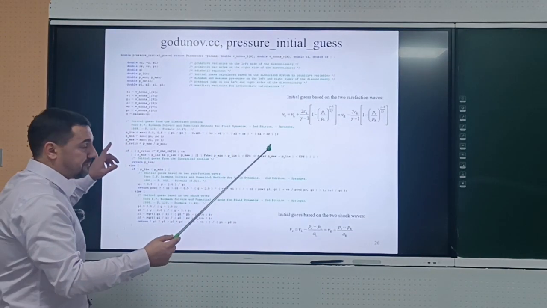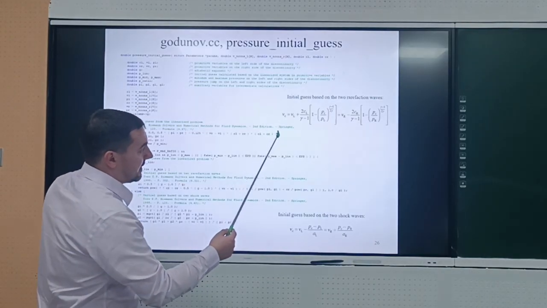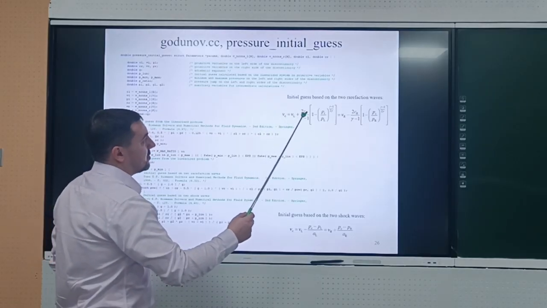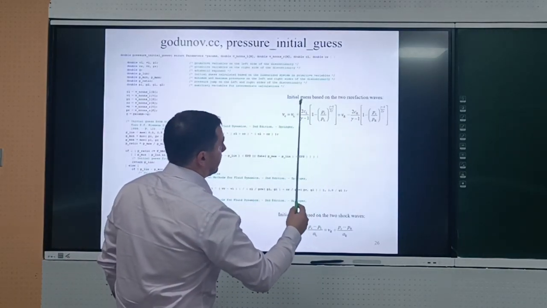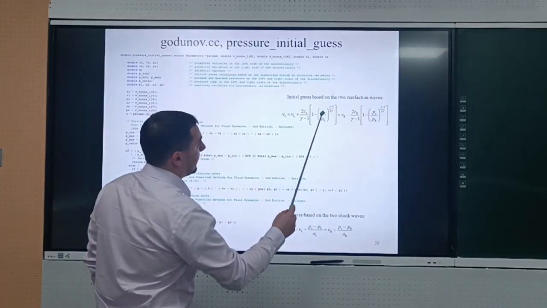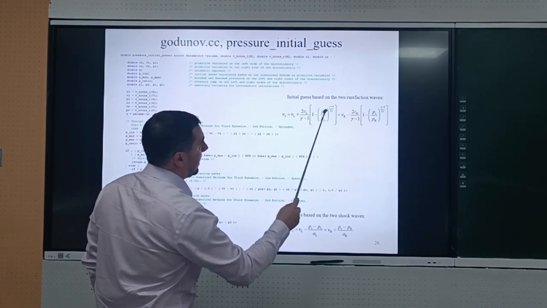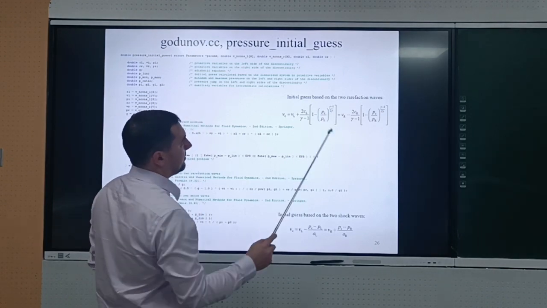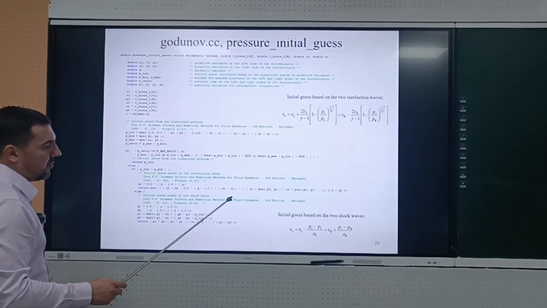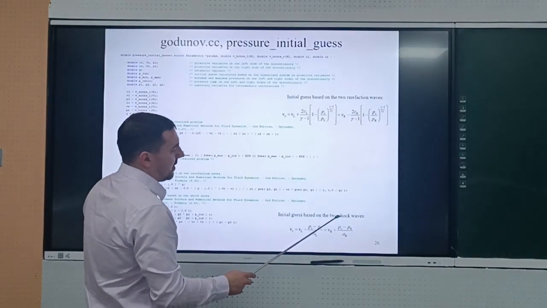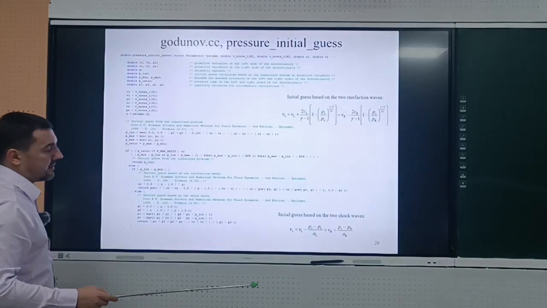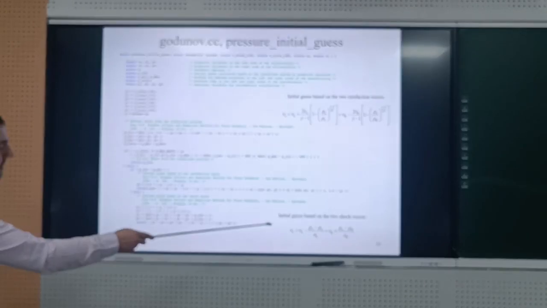If we suppose that we have an intersection of two blue curves, it means that we have a solution with two rarefaction waves, and PC can be found from this equation analytically. We can just denote PC to the power 2 gamma minus 1 over 2 gamma as some variable and just express it from here. If you consider the intersection of two red curves, it corresponds to an initial guess based on two shock waves, and in this case you can also find the solution analytically.